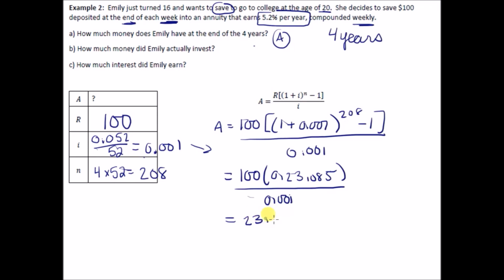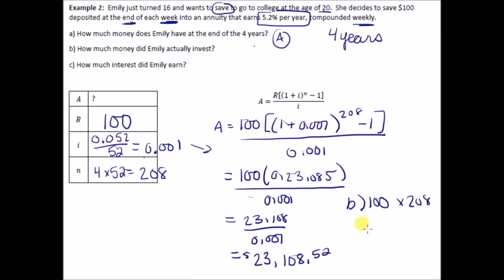So I get 23.108, divided by 0.001. So I get, she's going to be able to save $23,108.52. Okay, if you're thinking about how much she's actually investing, she's investing $100 208 times. So she's actually investing $20,800.